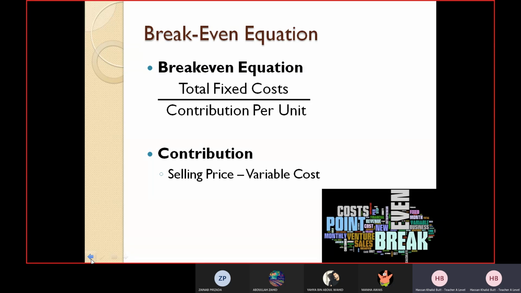Okay, generally what happens, while drawing or calculating gross profit, we always subtract variable cost from the revenue, right? So you are right in that we can say revenue minus variable cost is contribution. Yes, that's right.